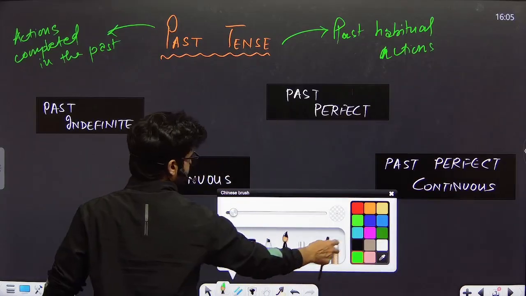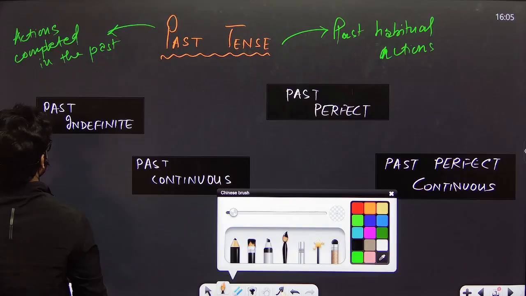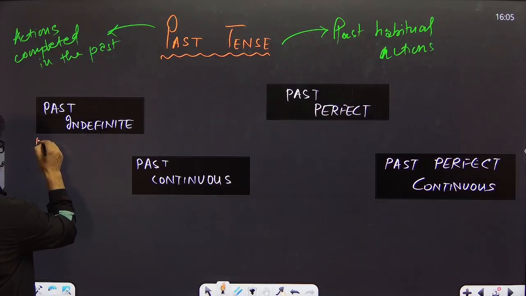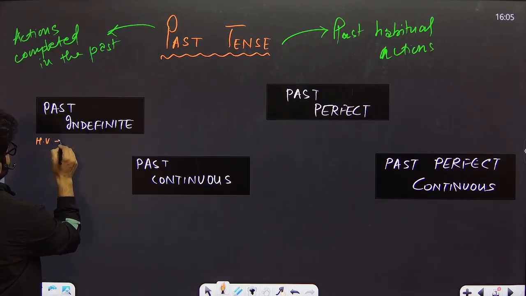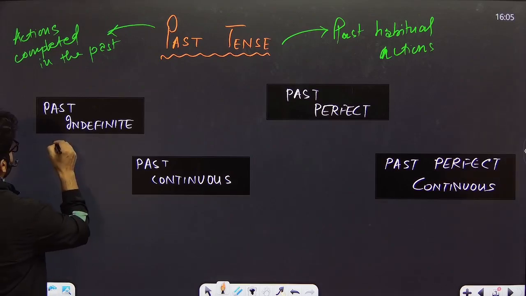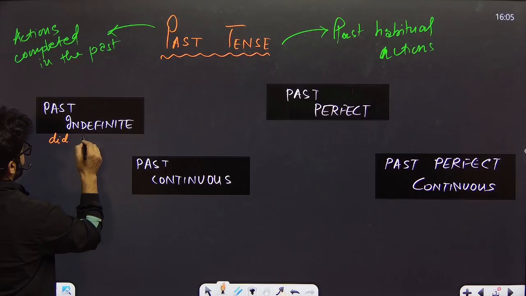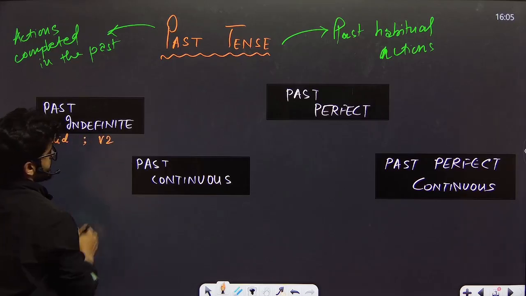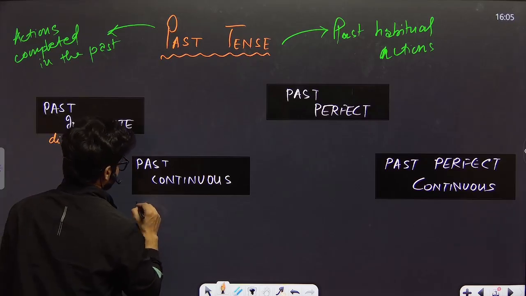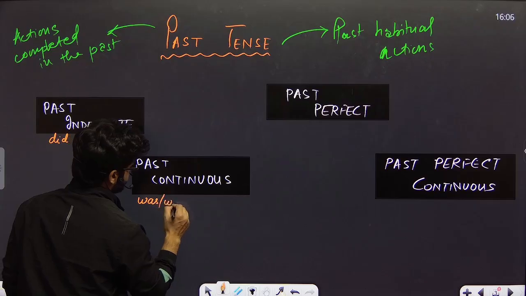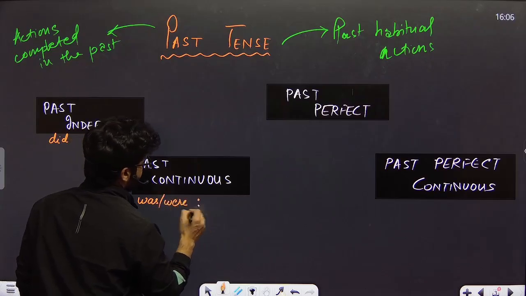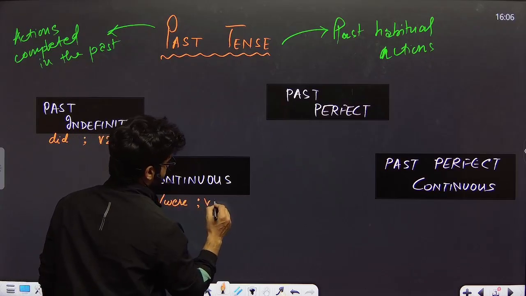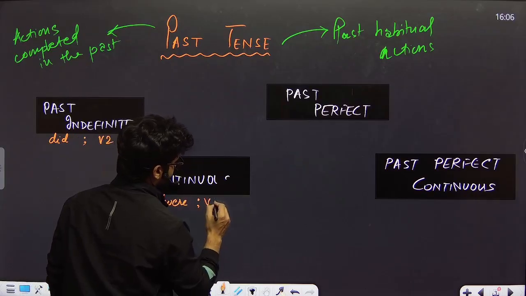Now here you can observe that in the past indefinite case, the helping verb will be did, and the main verb will be verb 2. In the continuous form, you will have was, were, and the main verb as the ing form, that is v1 plus ing.